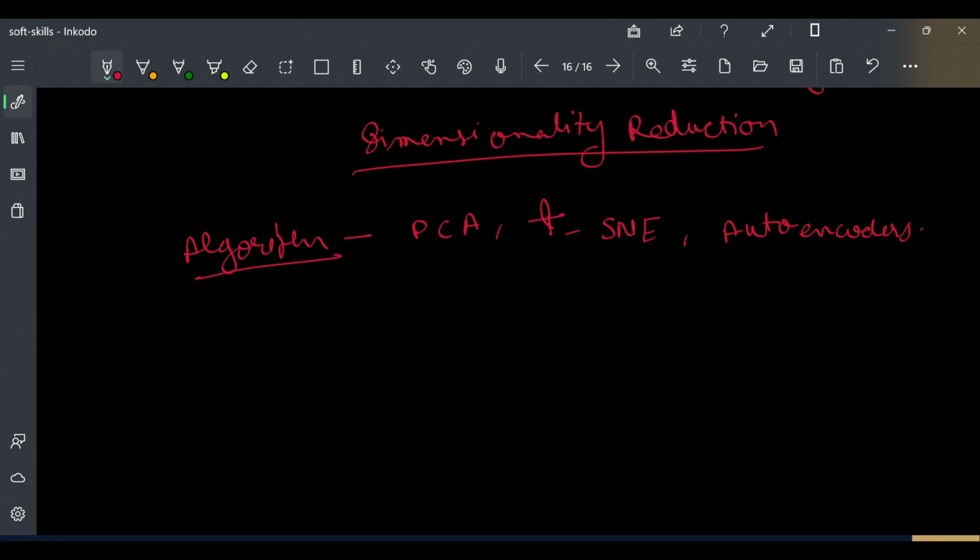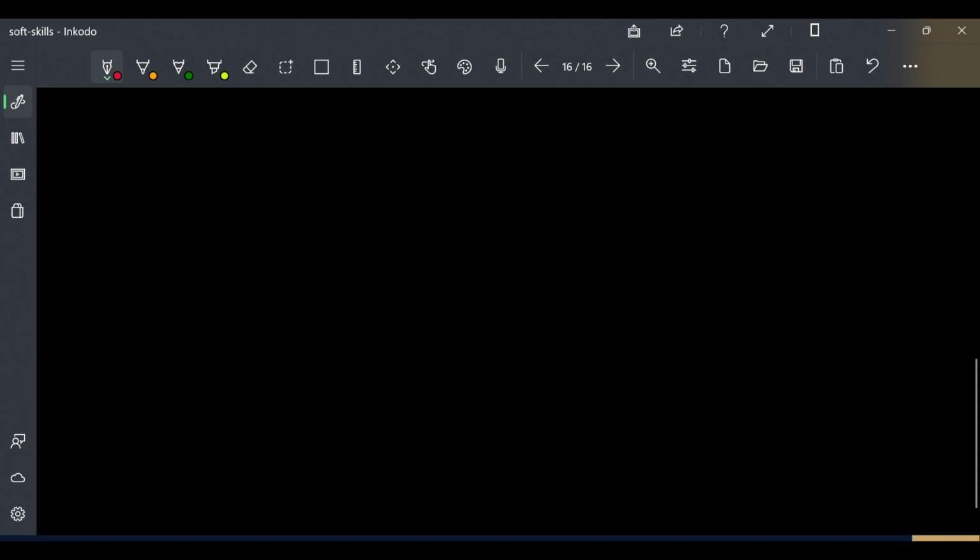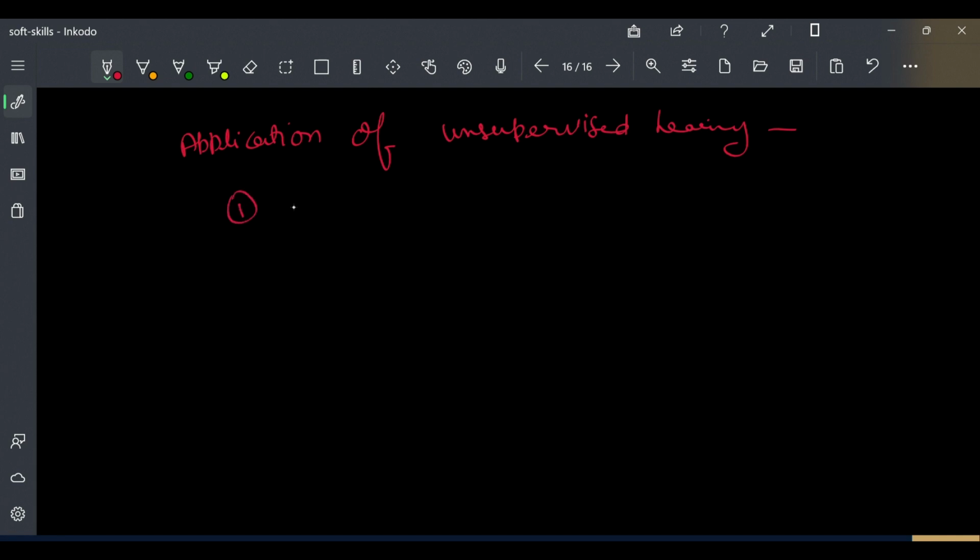So moving further, the applications of unsupervised learning. The first one is market segmentation.